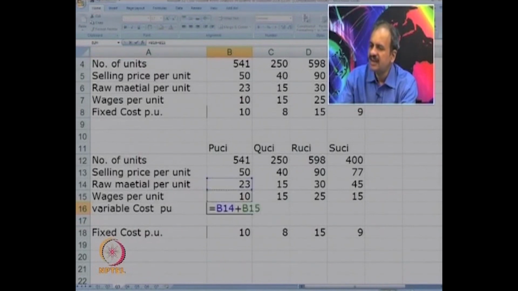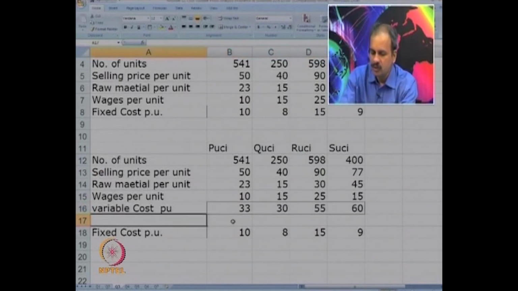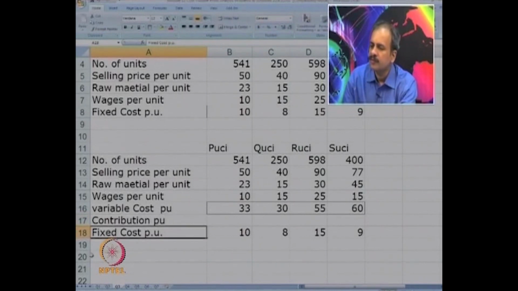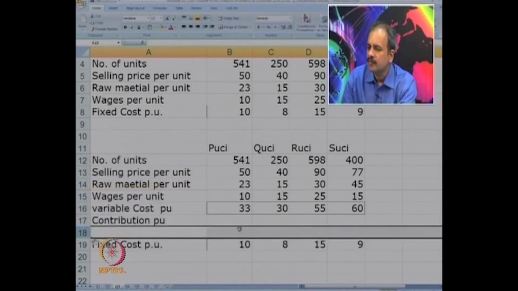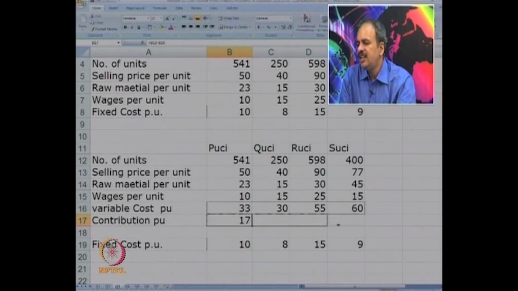Which is 23 and 10. Next is we go for contribution per unit. So 50 minus 33, 17 and then so on.